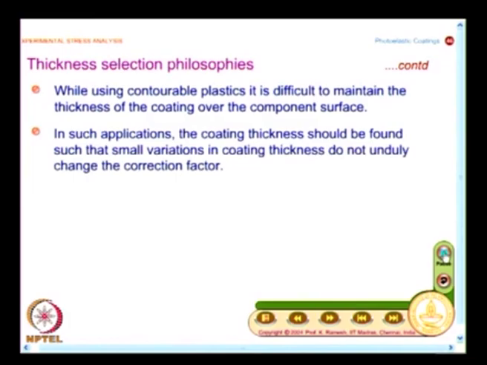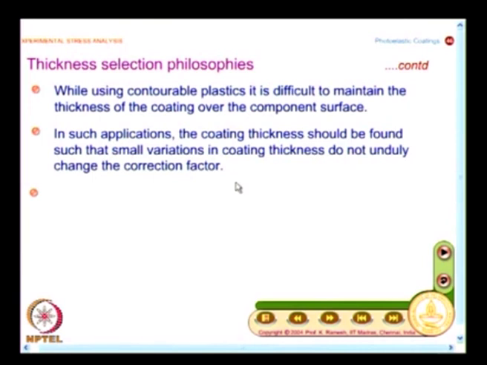And that is what is summarized here. While using contourable plastics, it is difficult to maintain the thickness of the coating over the component surface. So, in such applications, the coating thickness should be found such that small variations in coating thickness do not unduly change the correction factor.